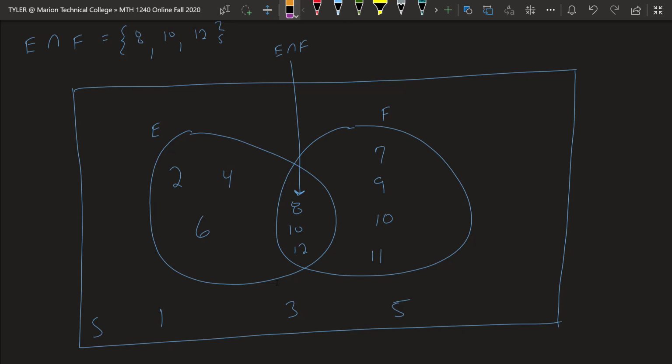As I said before, let me erase this. If I shade in where this green is, that is E and F, where that overlap is.